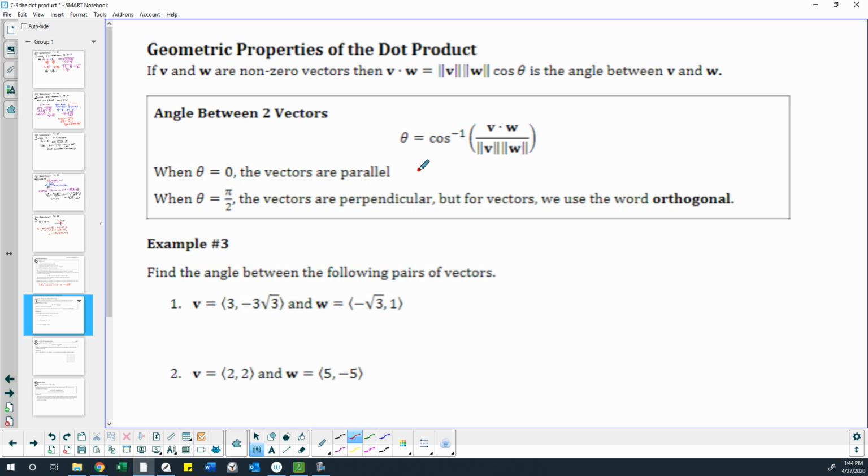Not 90 degrees. Wait, okay, so the angle is theta. I'm looking for the ratio, and I'm getting those two things confused. The inverse cosine of 0 is not 0, right?